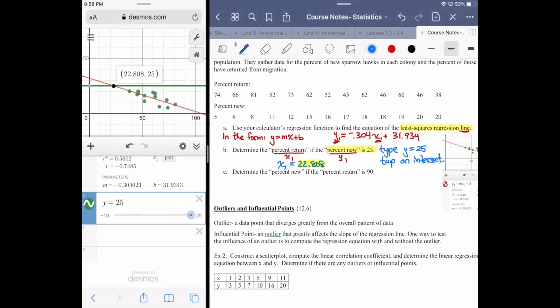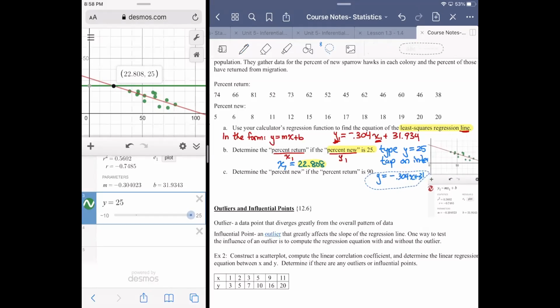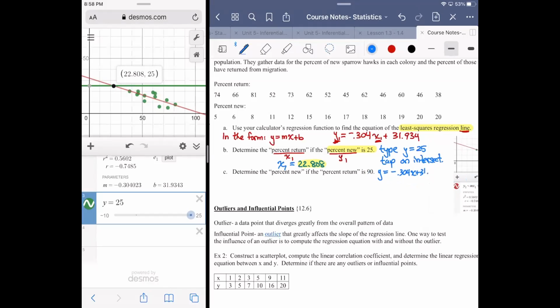So this is what Desmos has. It has y equals negative 0.304x plus 31.934, and I also put in y equals 25.